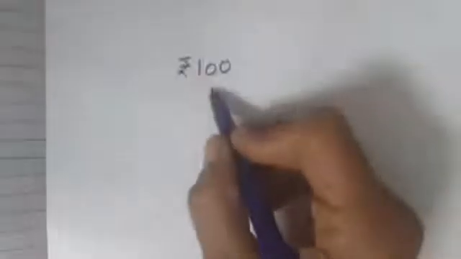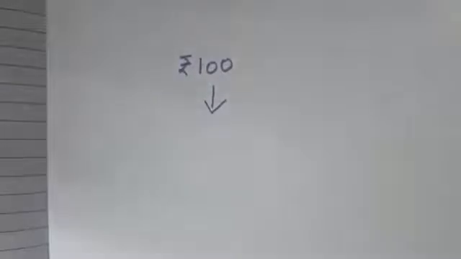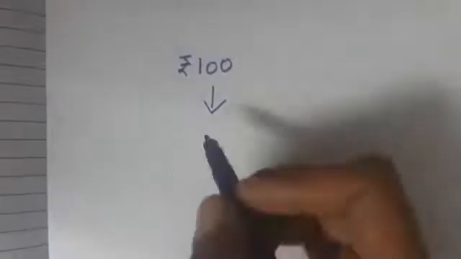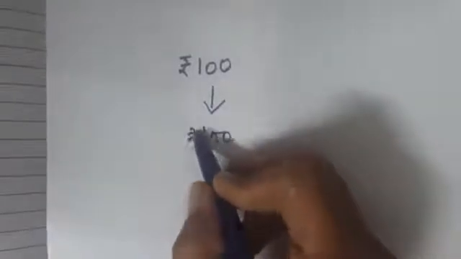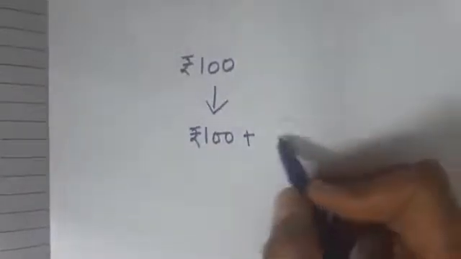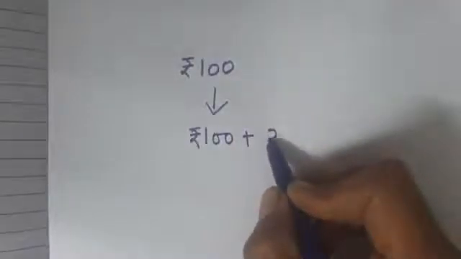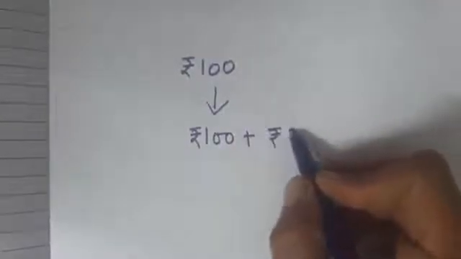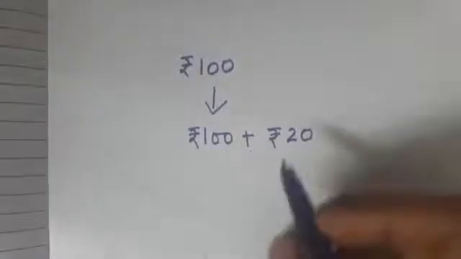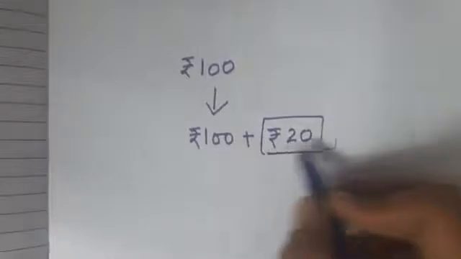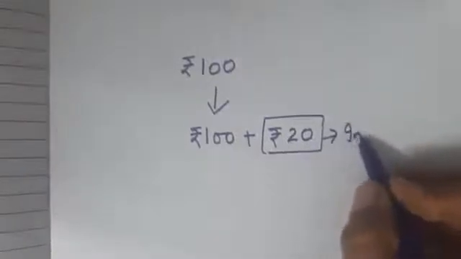Suppose you have borrowed 100 rupees from your friend. After some time, you are returning this money. Now, you will give him 100 rupees plus, suppose, extra money you are giving, that is 20 rupees. So, this extra money will be called as interest.